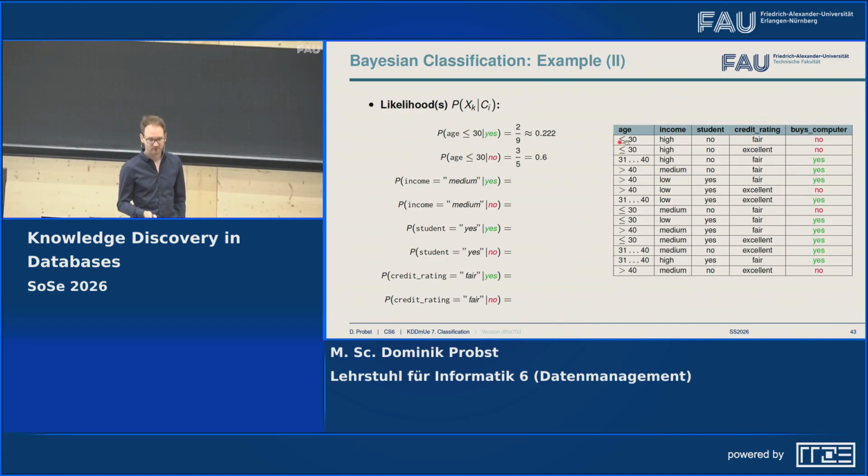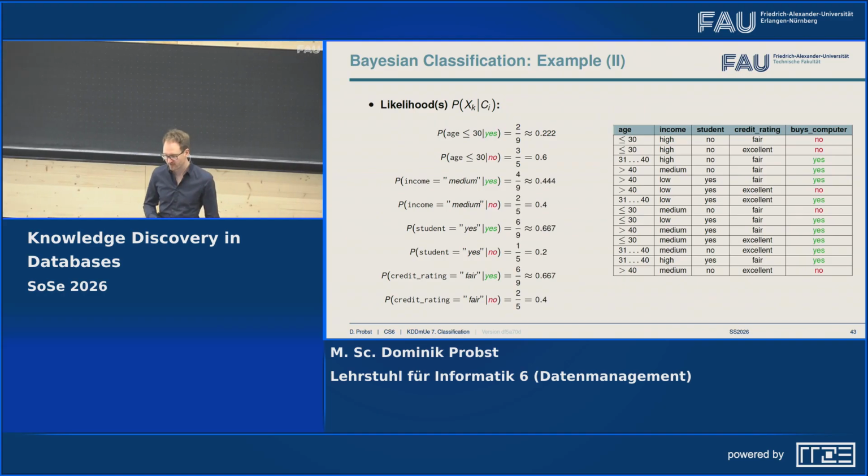Since the first 2 tuples are below 30 and no, then we have 1 example in the middle in here, and the other 2 no's are not below 30. And we can do the same thing, of course, for all of these tuples.